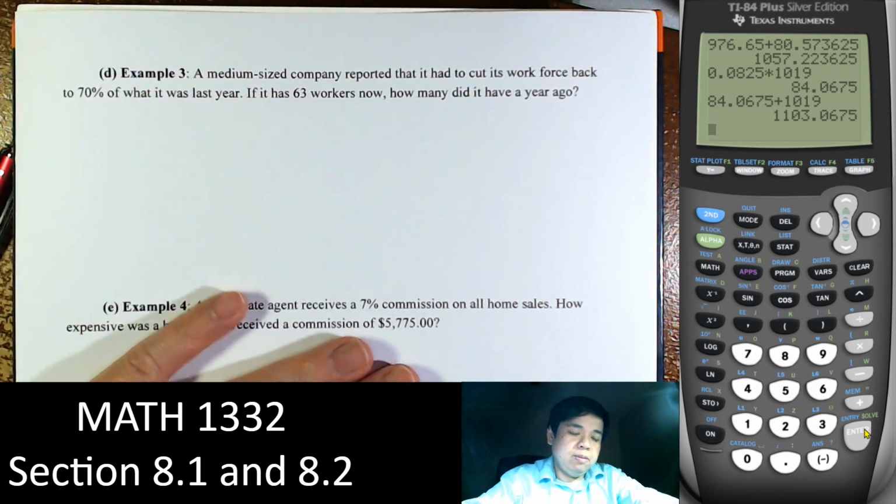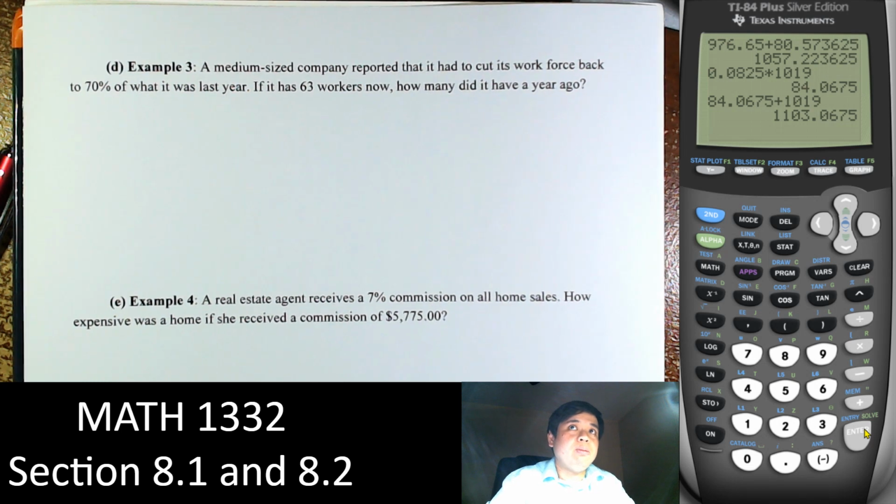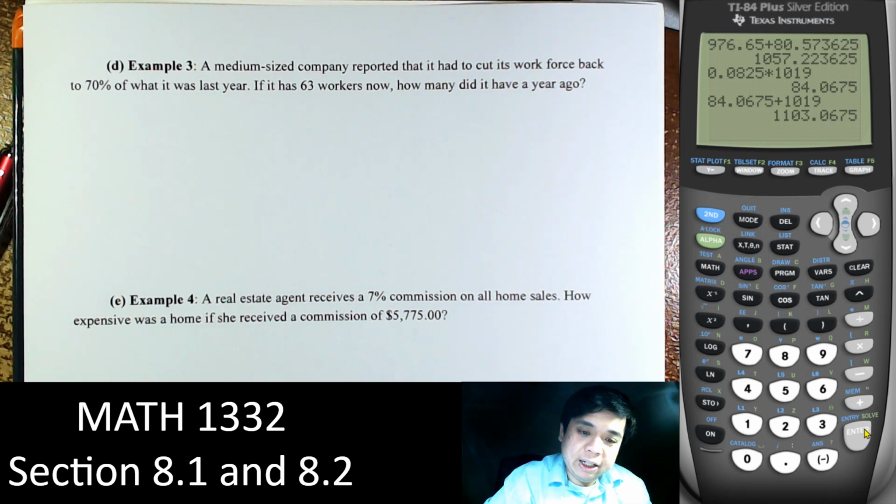Right, now we have some other application problem here. A medium-sized company reported that it had to cut its workforce back to 70% of what it was last year. If it has 63 now, how many did it have a year ago?